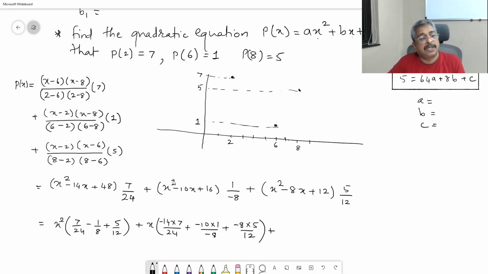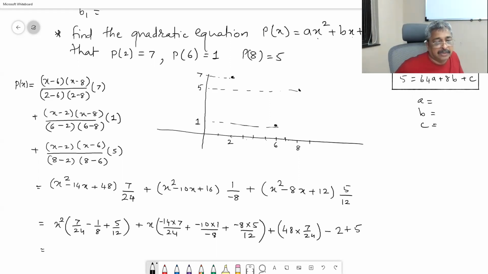And what is your constant term? So 48 into 7 by 24. Why have I closed the bracket? Okay, first one. Then minus 2 and then plus 5. Good. Now the only difficult job is to get those 3 brackets done and let them be fractions.